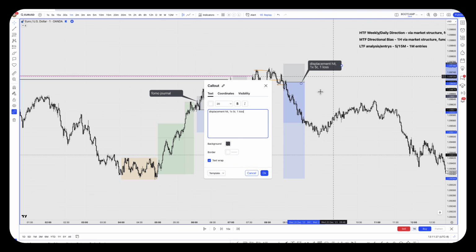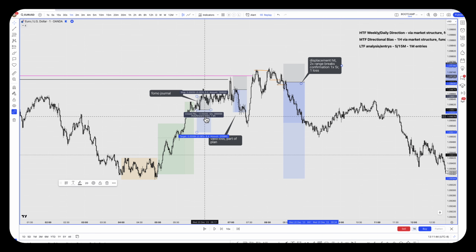That was my day. Displacement hit, 2 range breaks, confirmation. So this is what my journal would look like for the day. My backtesting looks very similar to this.